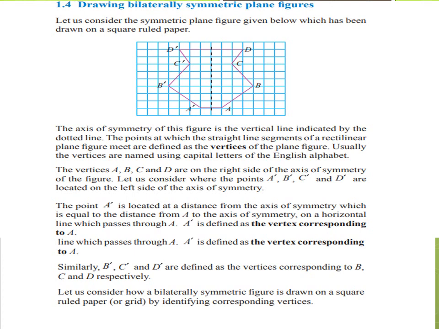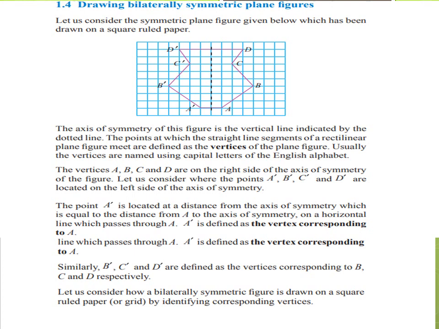The vertices A, B, C and D are on the right side of the axis of symmetry. Let us consider when the points A with the comma on the top, B with the comma on the top, C with the comma on the top, and D with the comma on the top are located on the left side of the axis of symmetry.